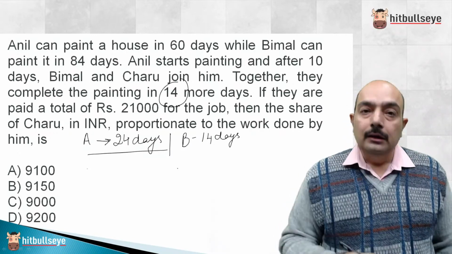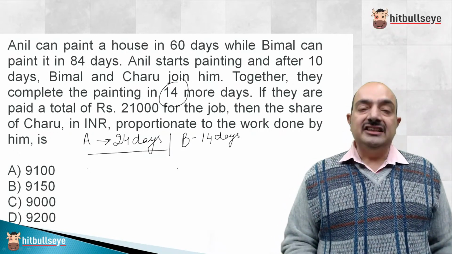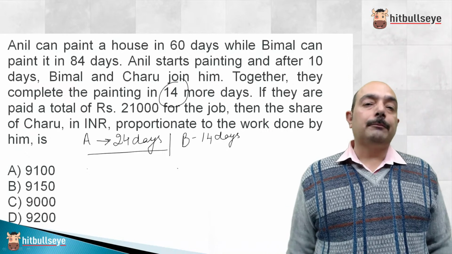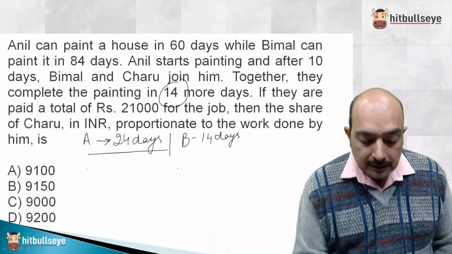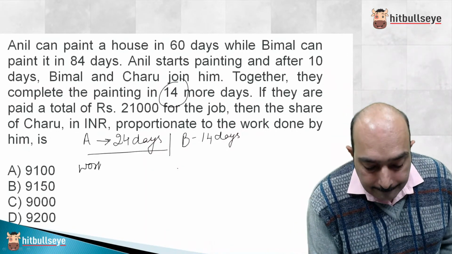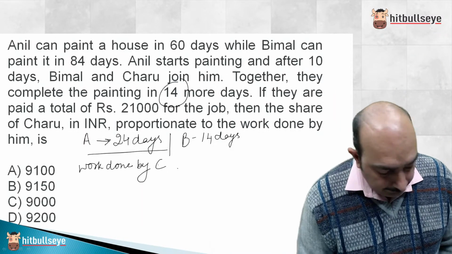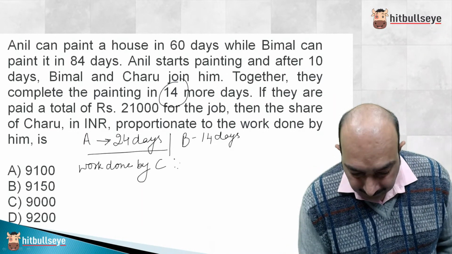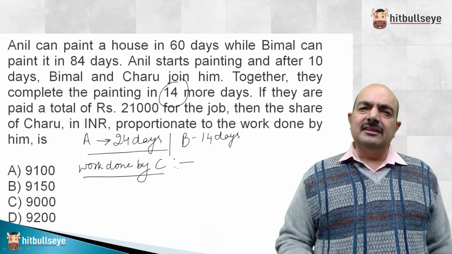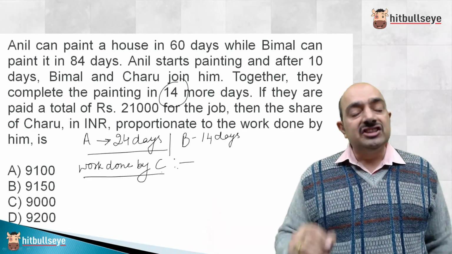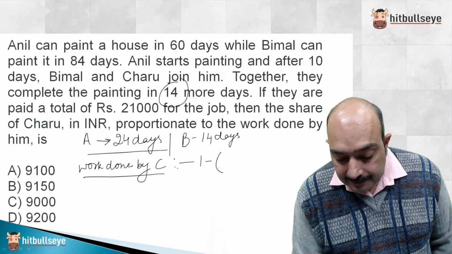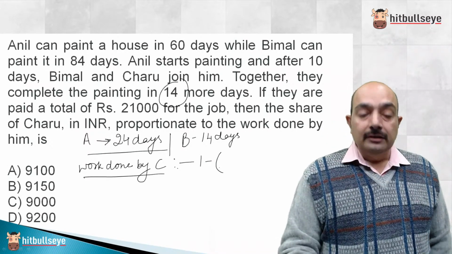Now, we have discussed that wages will be distributed in the direct proportion of the work done. So, can we find the work done by C? I'll keep it simple. Can I say the work done by C will be 1 minus, think on it.